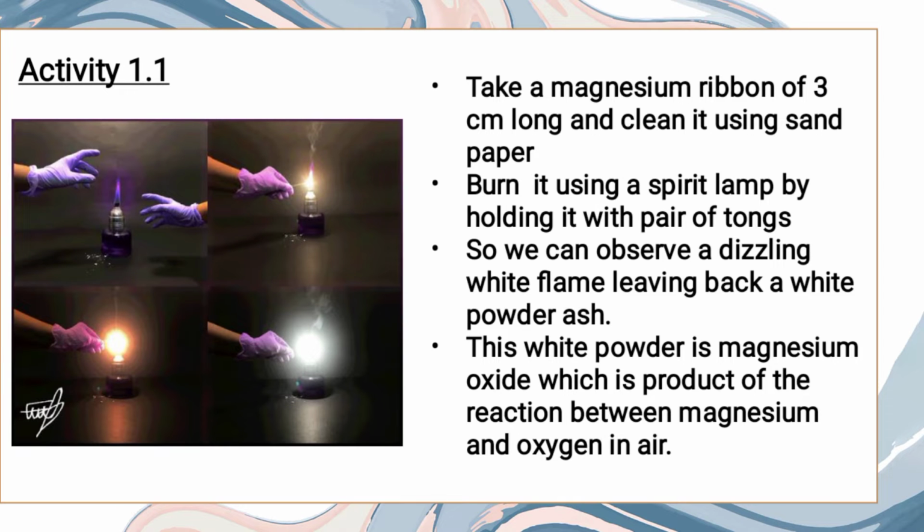So activity 1.1. You can see in the image, a spirit lamp is kept. You can see the images as I am going through the points. Take a magnesium ribbon of 3 centimeters long and clean it using a sandpaper. A magnesium ribbon is just like a strip of magnesium. So we have to take a 3 centimeter long magnesium ribbon and clean it with the sandpaper.